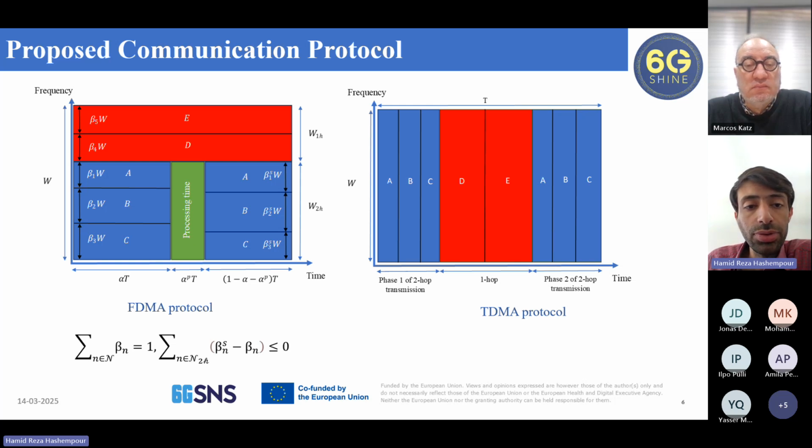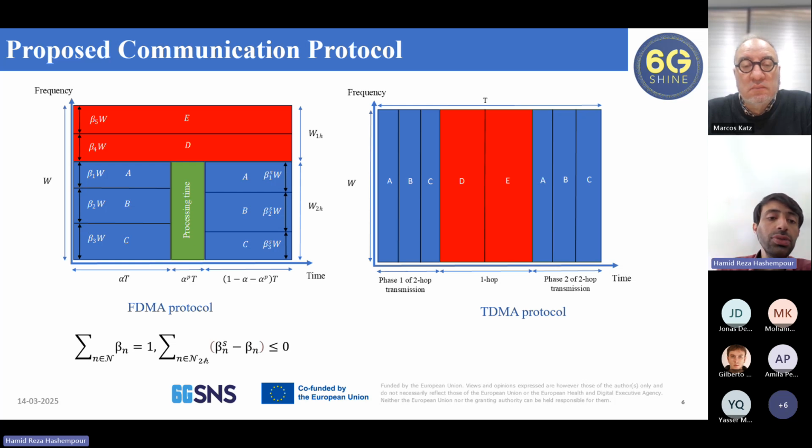For example, in this case, we have two different kinds of devices: devices that are scheduled to transmit in one hop, and devices that work in two hop cooperative communication. The first phase of two hop transmission occurs in the first time slots. Then we have one hop transmissions, and after that, the second phase of two hop transmission happens. So in this case, we use the whole bandwidth for transmission.